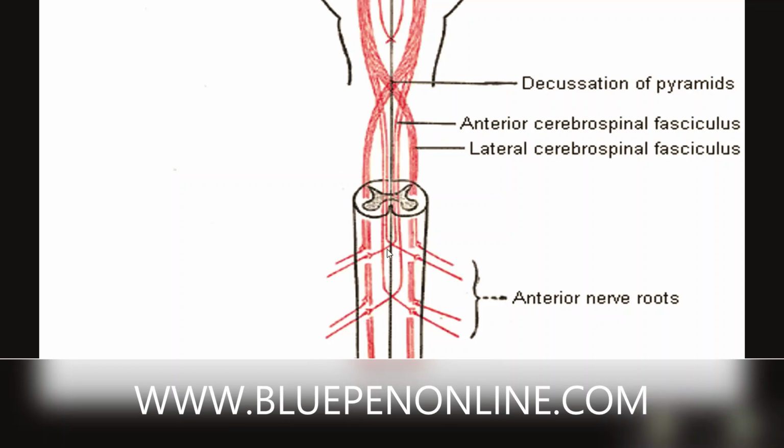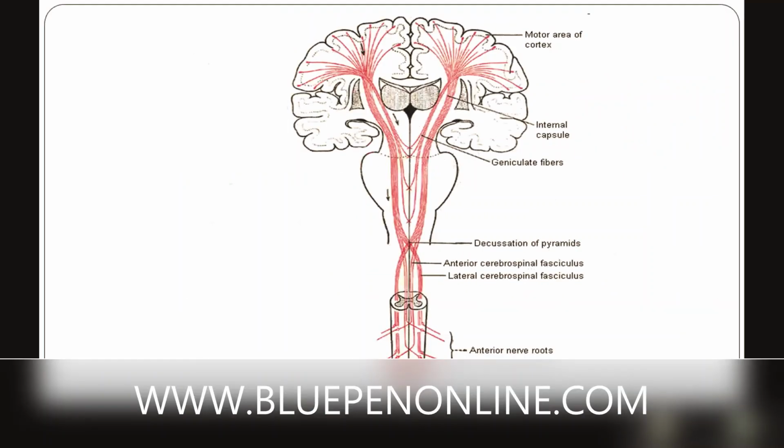So these nerves will come to that particular segment of the spinal cord, and they will end there. But before ending, a small thing will happen, and I'll just draw and show you here.